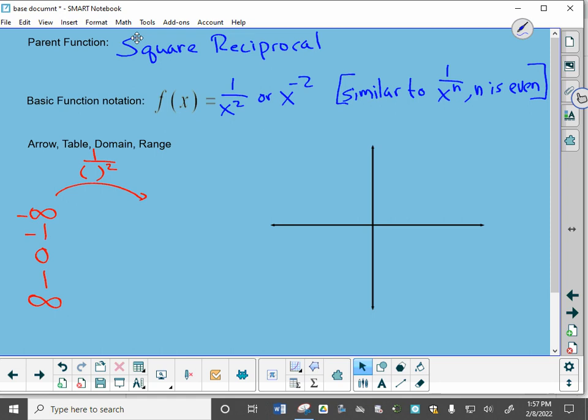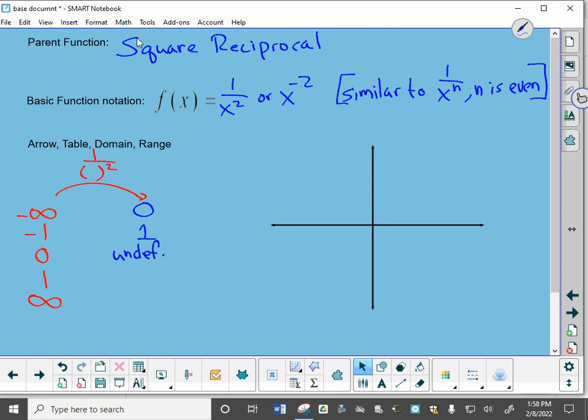So at negative infinity, this is approaching 0. So as I go way out to the negative x-axis, my outputs are getting very, very close to 0. If I put a negative 1 in, negative 1 squared is positive 1. 1 over 1 just gives me a 1 out. If I try to put a 0 in, I get division by 0. I'm going to write that as undefined here.